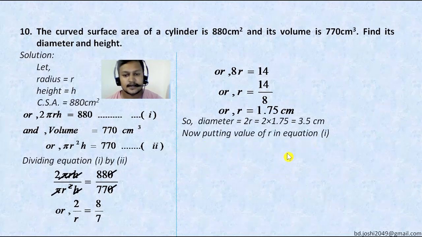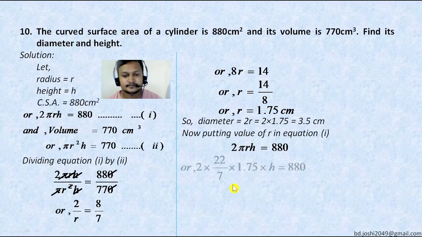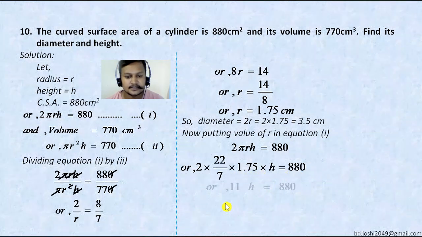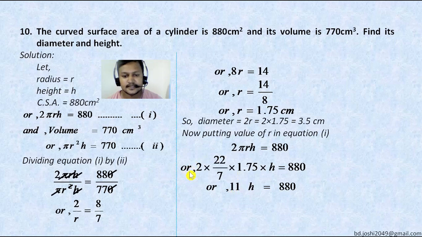So now putting the value of r in equation first: 2 pi r h is equal to 880. Put the value of pi as well as r. 2 into 22 by 7 into 1.75 into h is equal to 880. So after multiplying and dividing by 7, I get here 11. Check it yourself also. 2 into 22 into 1.75 divided by 7. Is this 11 or not?